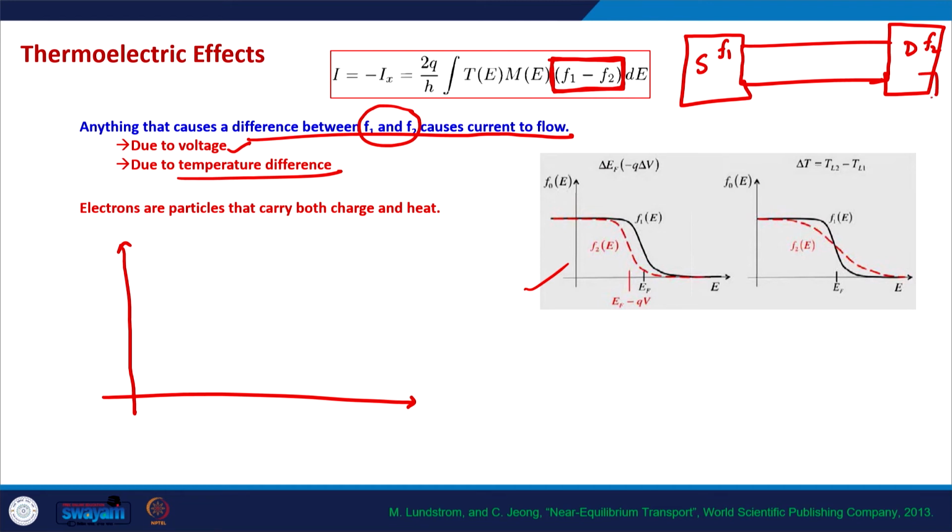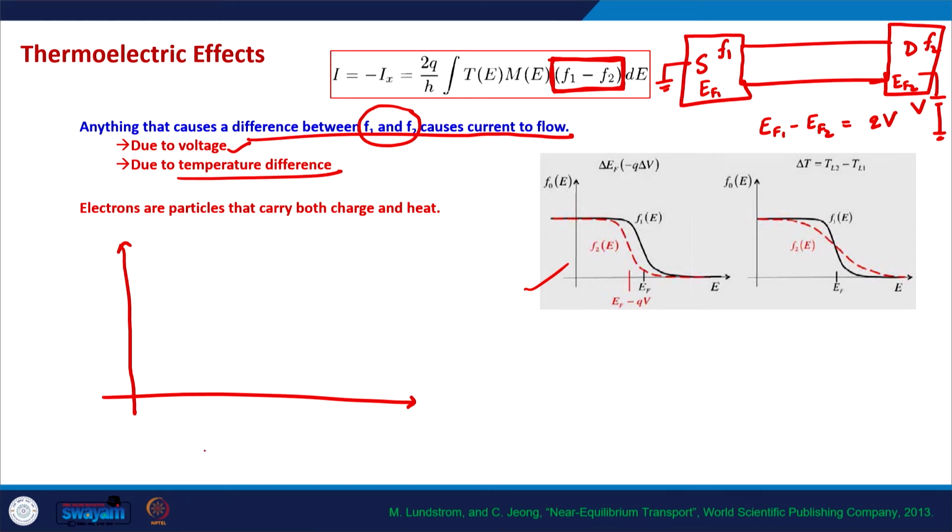If we apply a voltage on the drain side and ground the source side, and the Fermi level here is EF1 and here is EF2, then EF1 minus EF2 will be Q times V.